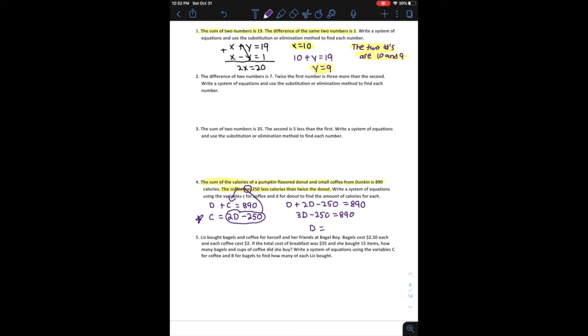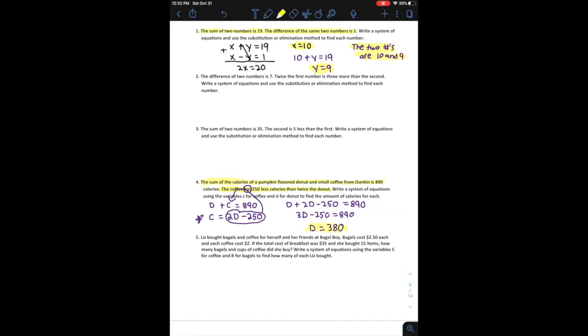And in order to solve for D, I'm going to add the 250 on both sides. So 890 plus 250 is going to give us 1,140. And then we would end up dividing that by 3 to get the donut has 380 calories.